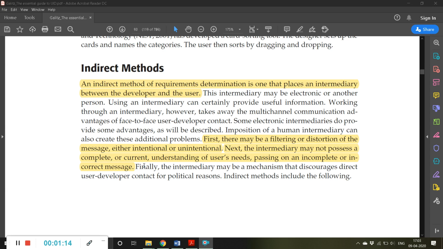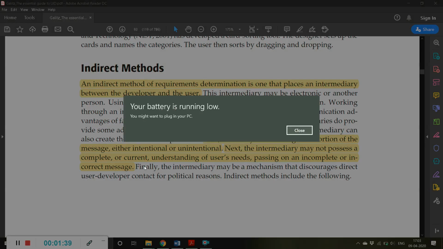The way he may interpret the requirements may be different from what the user exactly intends. The users want something else, and this intermediary person understood it differently and conveyed it to you in a totally different manner. So the whole scenario is messed up here.